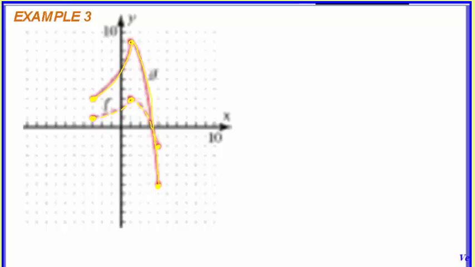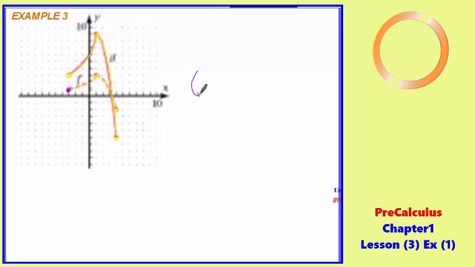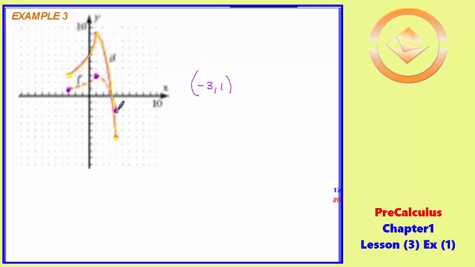To look at our premise, we're going to consider the points at which these graphs are illustrated. Our first point is negative 3 and 1, for the lower function, the pre-image function f.